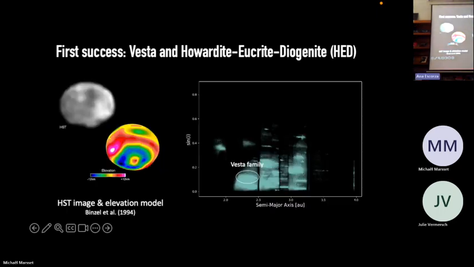And in addition to that, Vesta was imaged by HST, and they had multiple epoch images, so they did the shape reconstruction, and they found this very large impact basin excavation with a central peak, which is typical of impacts on the asteroid.